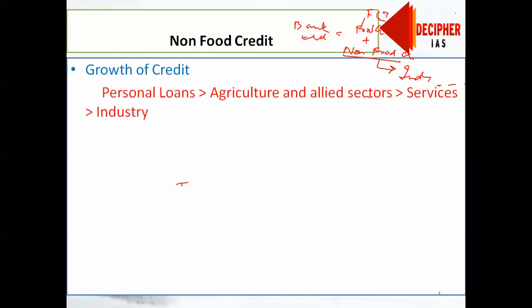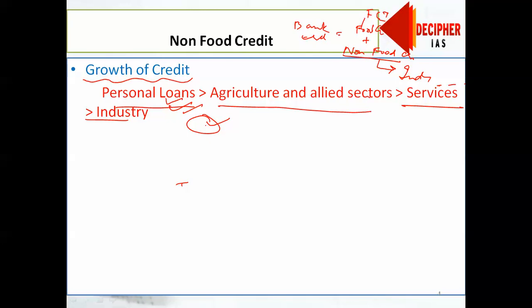So now let's see what is written in the Economic Survey. The growth of credit has fallen for industries. The Economic Survey says that personal loans are seeing the most growth in credit uptake, followed by agriculture and allied sectors, followed by services and industry. Mind you, here we are talking about the growth of credit, not the absolute amount of credit.